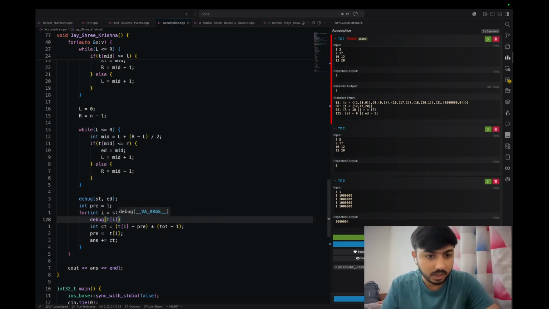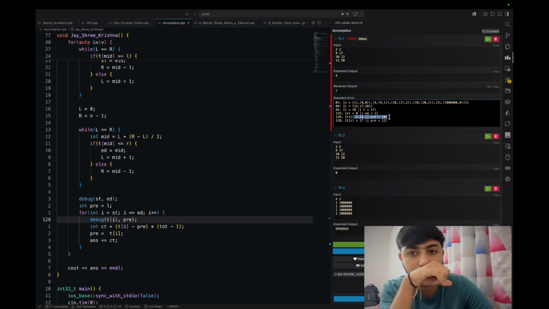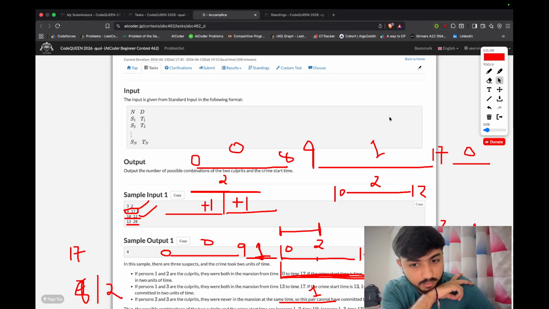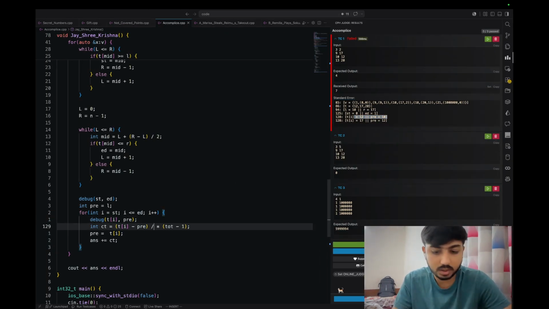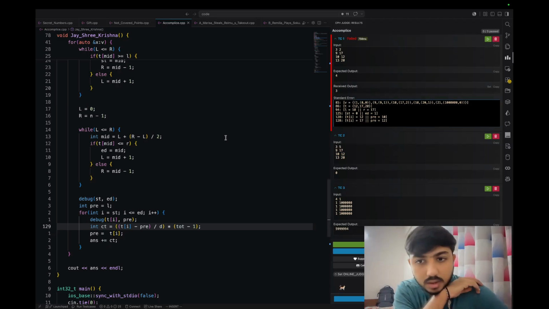Debug T of i, previous. Divided by D. Okay, so from 10 to 12.